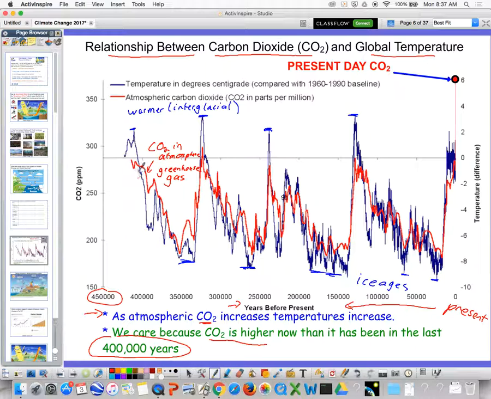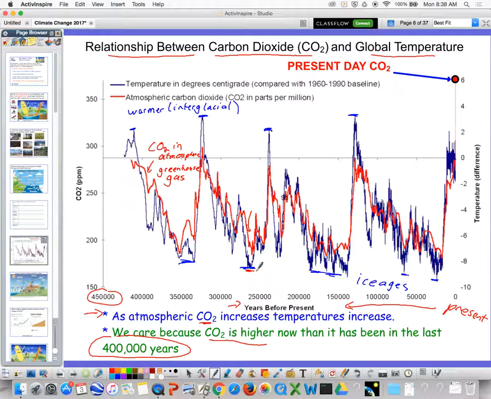The blue and the red lines tend to follow each other almost precisely. When the red line rises, so does the blue line. It gets warmer. When the amount of carbon dioxide goes up, the temperature goes up. When the amount of carbon dioxide goes down, the temperature goes down.